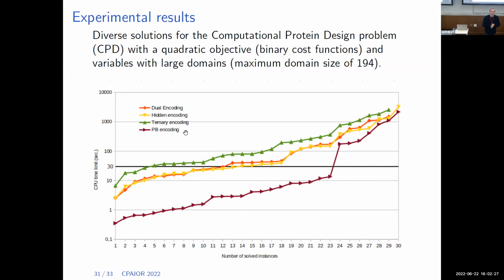Yes? Can you use an MDD instead of a table constraint? So I know that in toolbar2, at least, we need the full table representations to make the algorithm work. So I don't know if it was a question, but toolbar2 needs to have the information that one tuple has this exact cost.